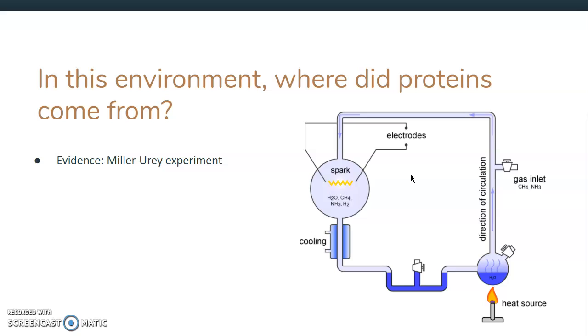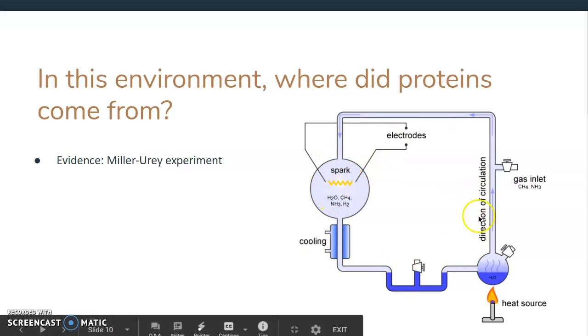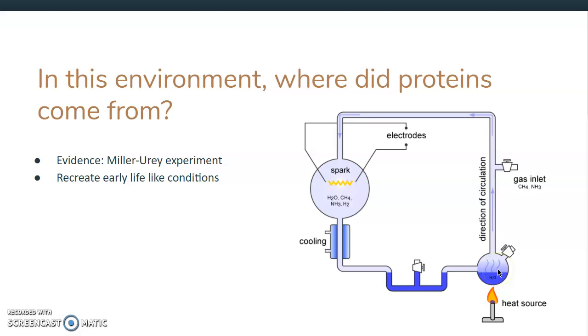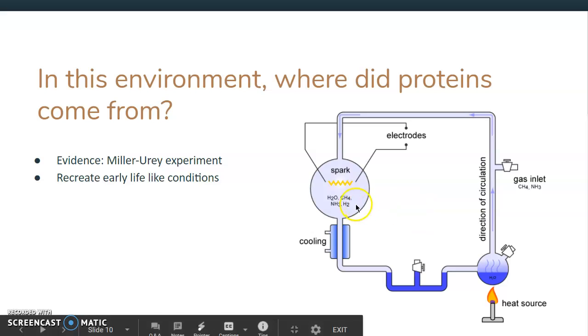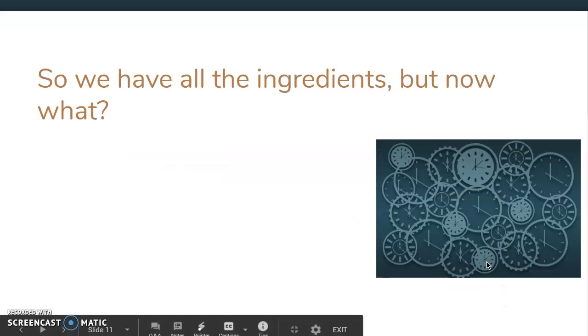So they started this experiment and let it run for about a week of constant sparks and circulation of the molecules. And what they found was they ended up with a bunch of organic molecules in their water source at the end of the week. So it proved that it was possible to take inorganic molecules and make them organic.